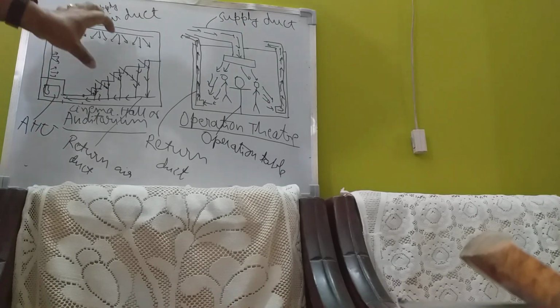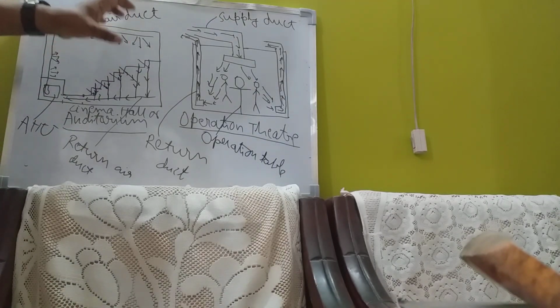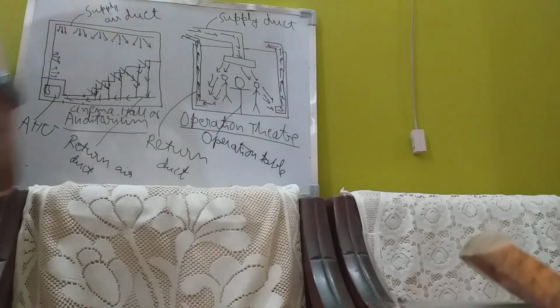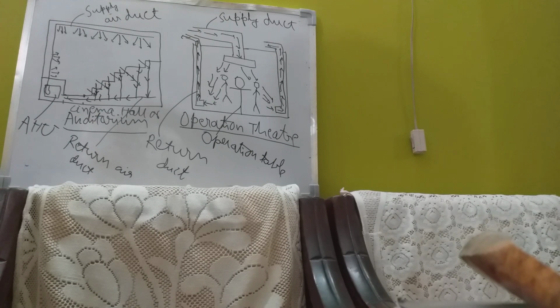So here air conditioning will be so proper that the people get maximum air conditioning or chilling effect. So you have to have a very specific type of air conditioning, as I am telling you.